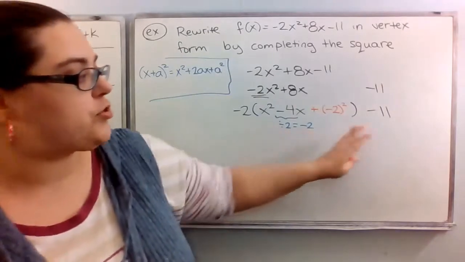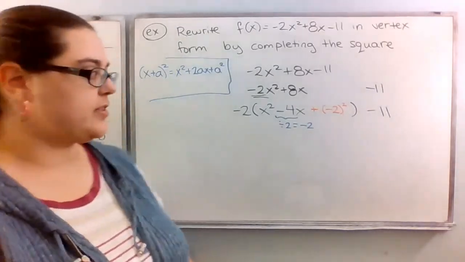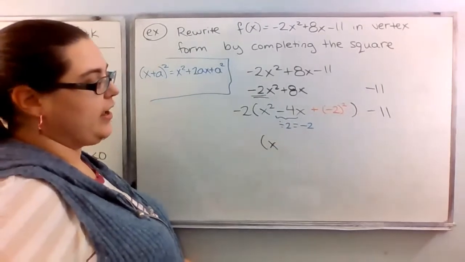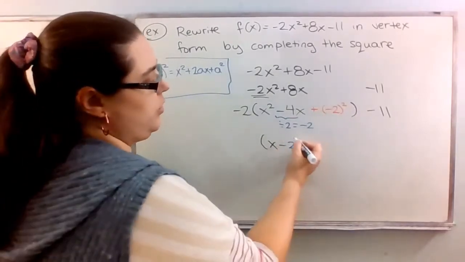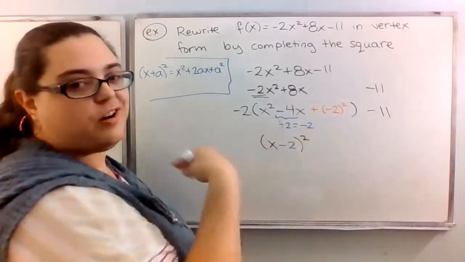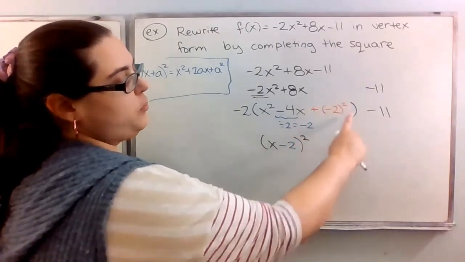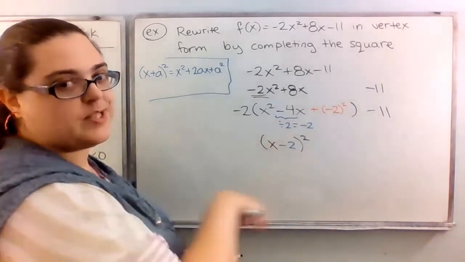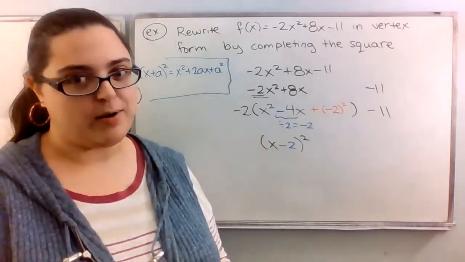So that's kind of what we're trying to achieve, so that this piece that's in the parentheses will factor into x minus 2 quantity squared. That's what all this work is. So this is called completing the square because we need to find the piece that will complete this expression and make it into a perfect square. It's kind of where all the background work is in this whole process, why we're doing this.